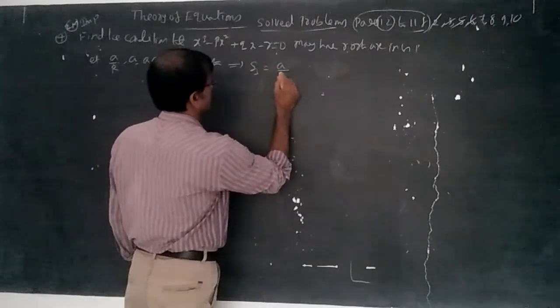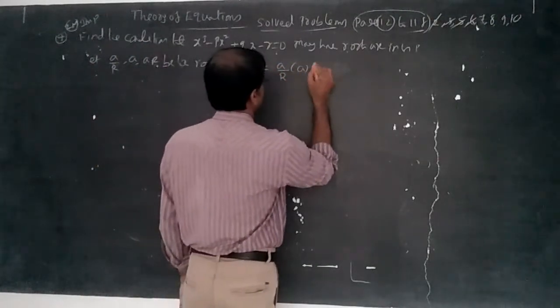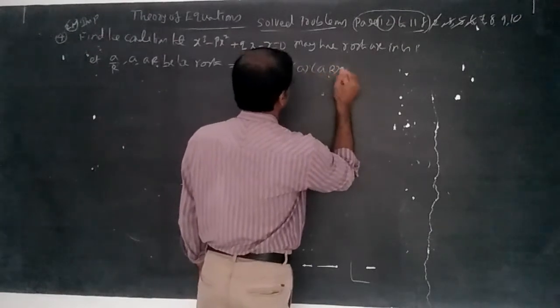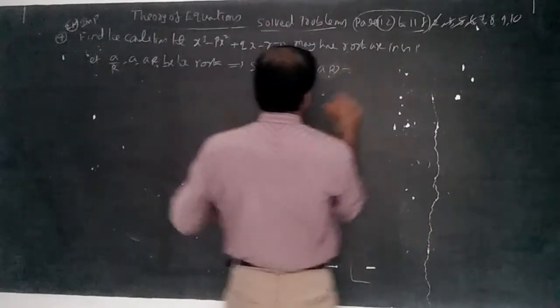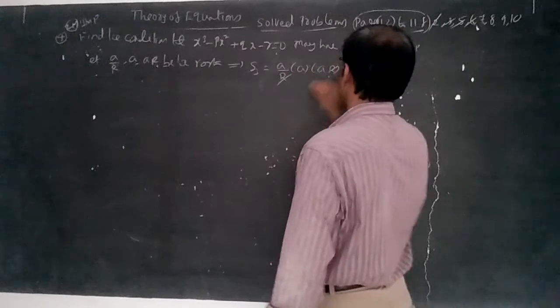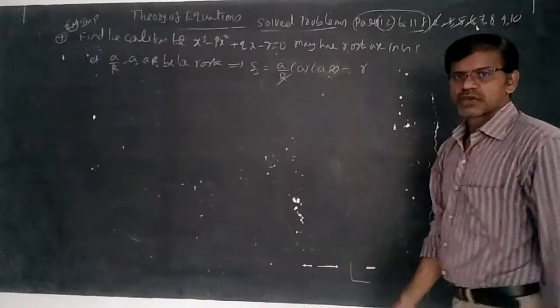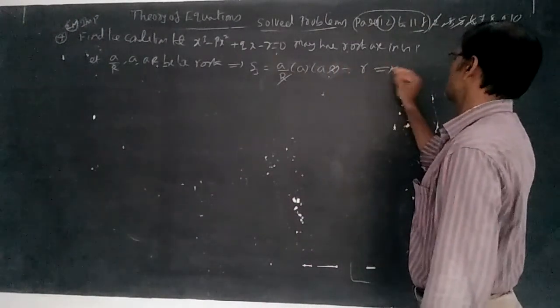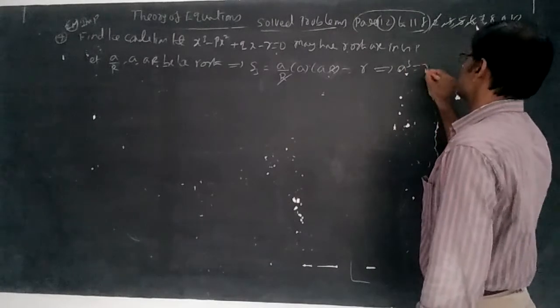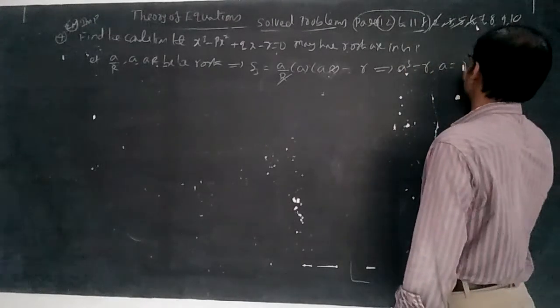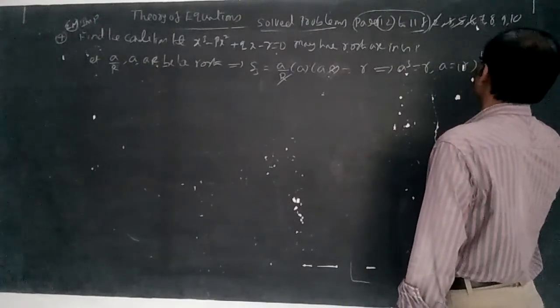I am writing here a by r into a into a r is equal to, simply small r will get cancelled, a cube is equal to small r. So a is equal to r power 1 by 3.